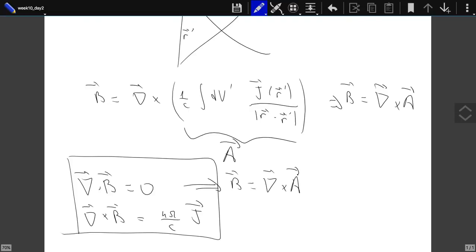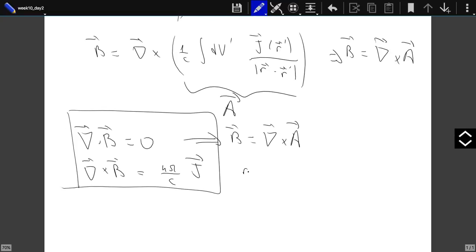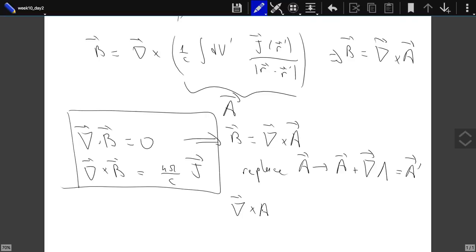But for example, if you replace A by A plus the gradient of some scalar function, let's call this A prime, then the curl of A prime is equal to the curl of A plus the curl of the gradient of lambda.